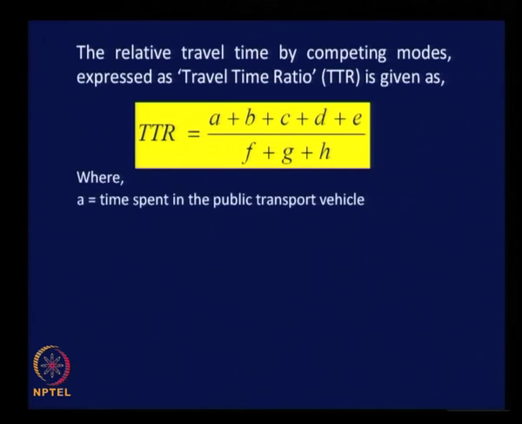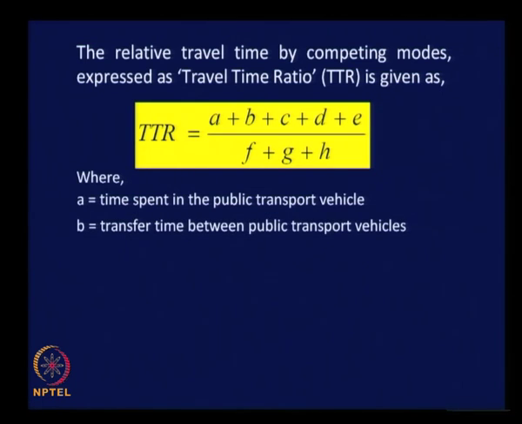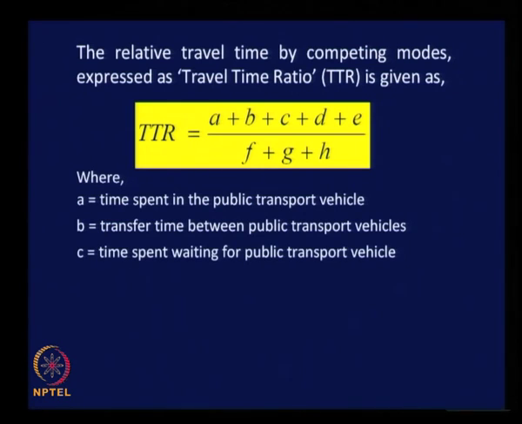Let us see what is indicated here with the symbols A, B, C, D, E and so on. A is time spent in the public transport vehicle, in-vehicle travel time. B, transfer time between public transport vehicles, if any. C, time spent waiting for public transport vehicle, waiting time.